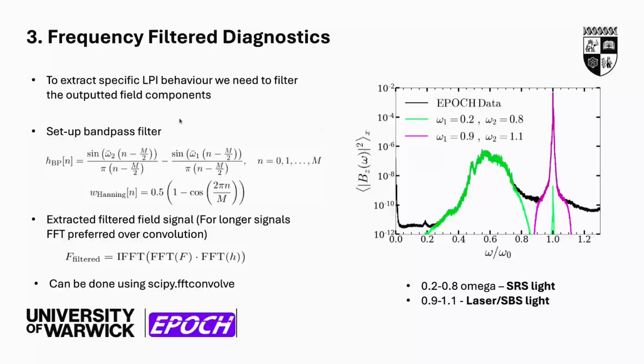This basically means if I choose some frequency omega 2 and some frequency omega 1, I can select a specific part of that electric field which I know is only due to SRS, or in the other case due to the laser or SBS. Normally you'd apply some sort of smoothing window to this as well, and then just do your typical convolution of whatever your field is with your bandpass to get your new filtered field.